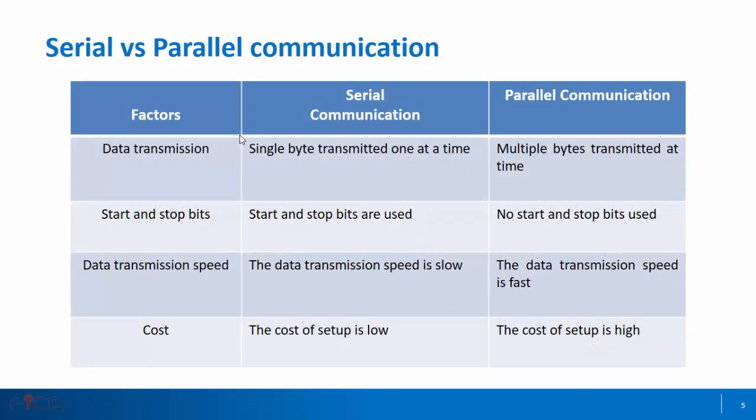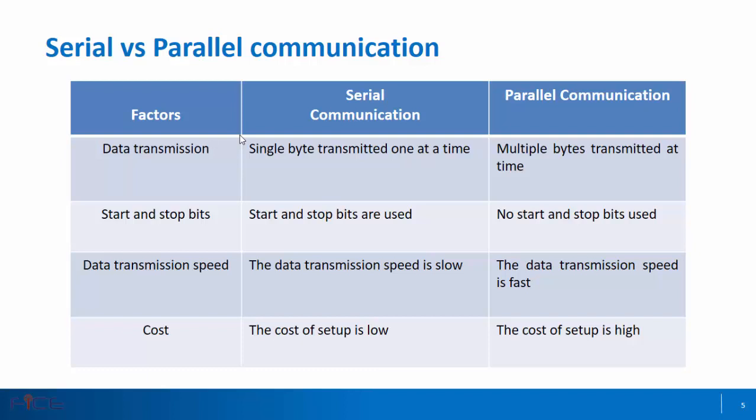Let us now look at some of the differences between serial and parallel communication. The main difference is in the data transmission rate, which is very high in parallel communication as multiple bits are transmitted simultaneously. This type of transmission requires multiple wires for multiple bit transmission, which will increase the size, thus resulting in high cost and complexity.